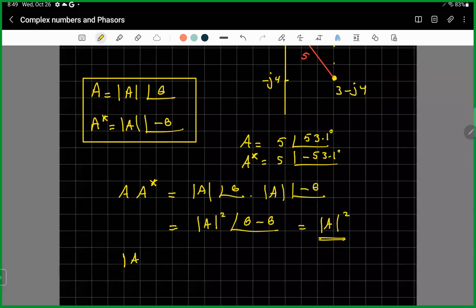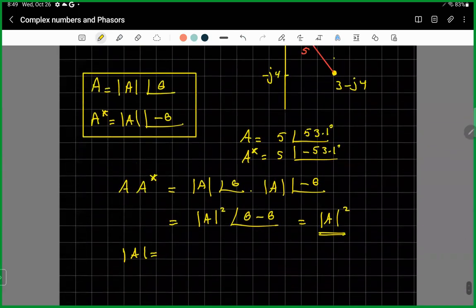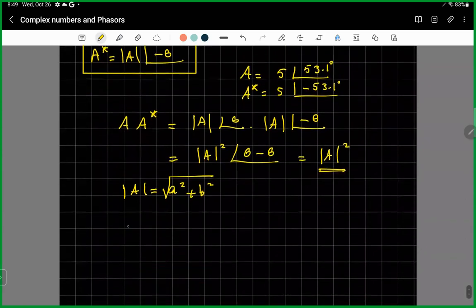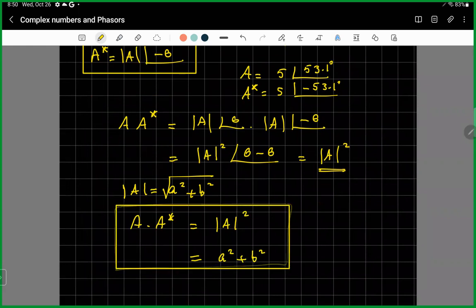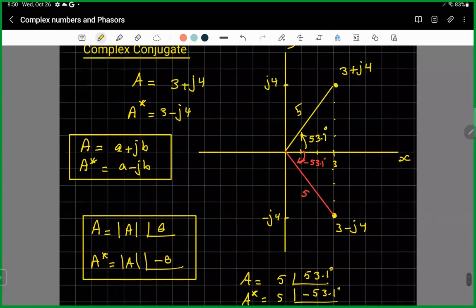Well, if I ask you what is the magnitude of A, square 3, square 4, right? A squared plus B squared. So you can say now A times A conjugate is equal to the magnitude of the complex number, if it's given in rectangular form. All right. So it's equal to the magnitude squared. That's all. So now I did one page on complex conjugate.